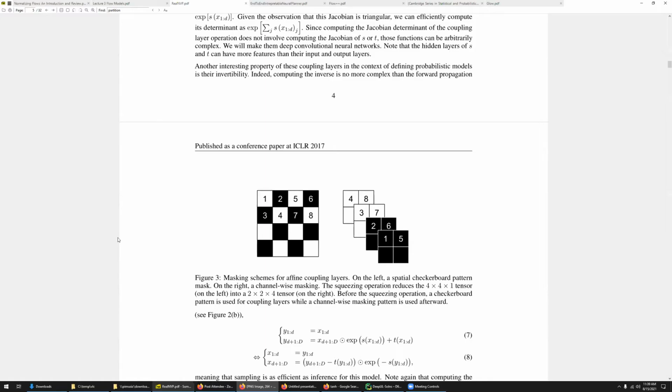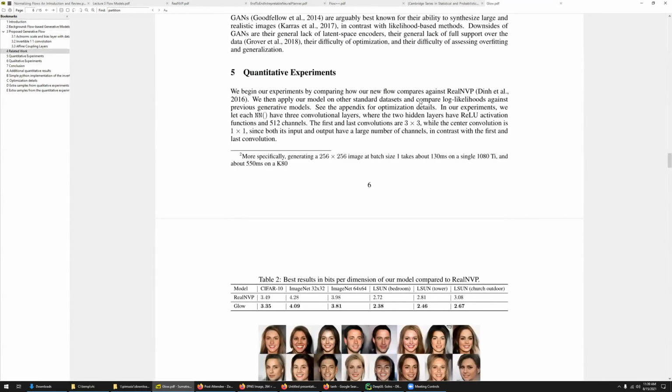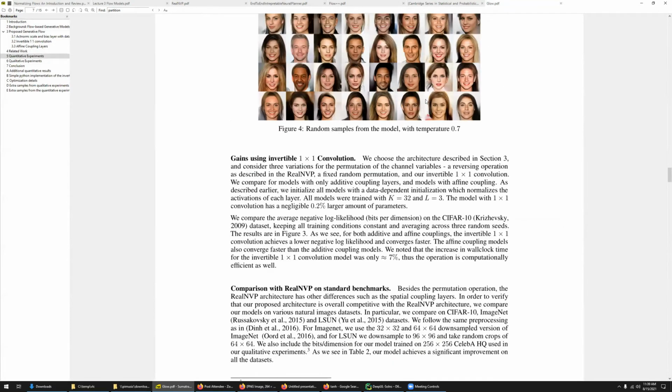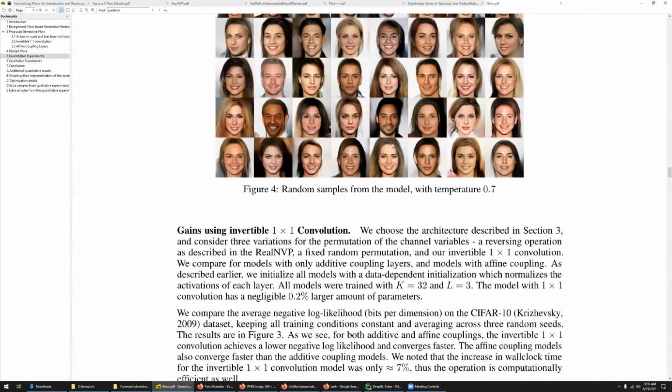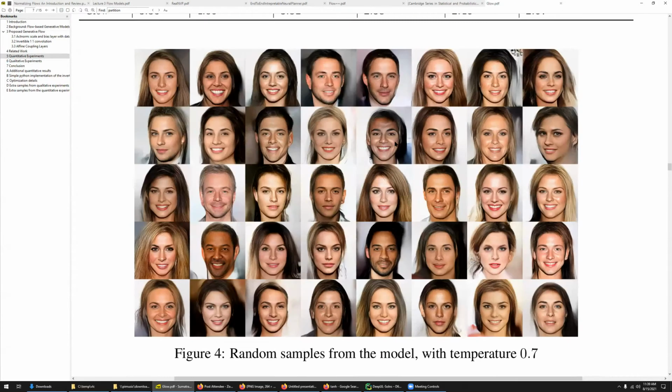You can go back to the Glow paper, which is supposed to have really, I think in this paper they say we can actually do high resolution images, and these are the images they come up with. So it probably takes quite a while to train and produce.